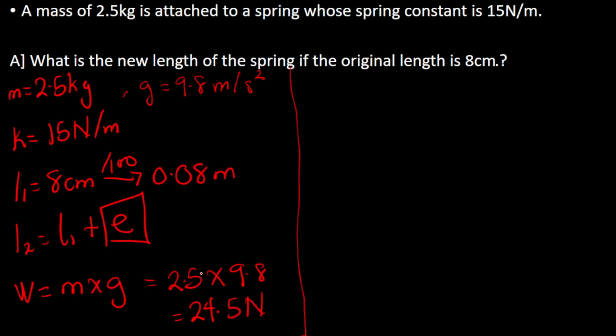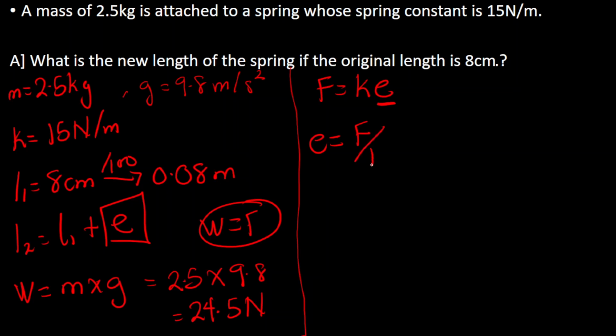Alright, so we have our force, because here W will be equal to the force. Alright, so using F equals KE, what are we looking for? We're looking for E. So we can make E the subject of the formula. Therefore, E will be equal to F divided by K. What is our F? 24.5 Newton. And our K is 15 Newton per meter. So if we divide this, we have 24.5 divided by 15.